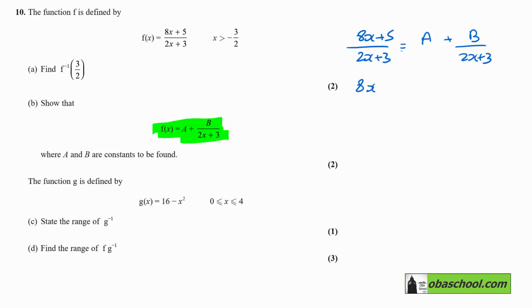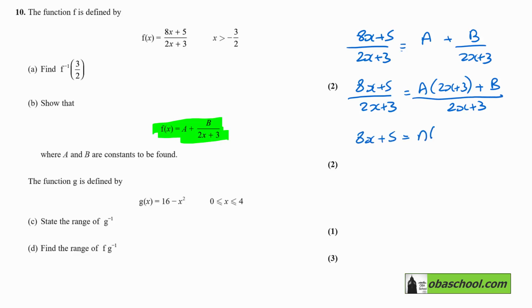So (8x plus 5) over (2x plus 3) is (a times (2x plus 3) plus b) all over (2x plus 3). And then we can get rid of the fractions and say, well, 8x plus 5 is a times (2x plus 3) plus b. So 8x plus 5 is 2ax plus 3a plus b.